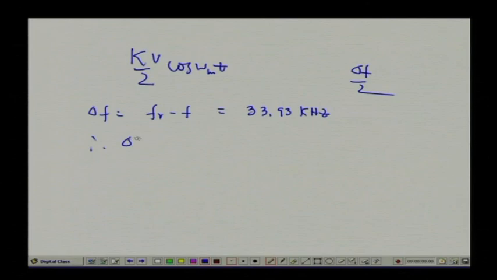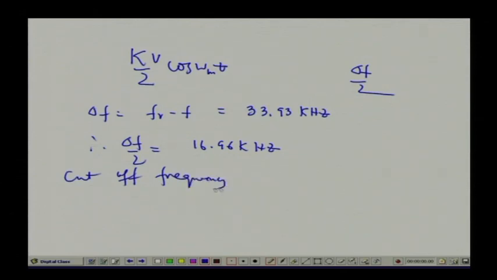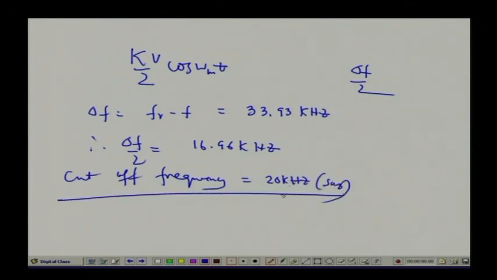So, delta f by 2 I can write as 16.96 kilohertz. So, the cutoff frequency we have chosen is equal to 20 kilohertz, right. So, this is the answer of the third problem.